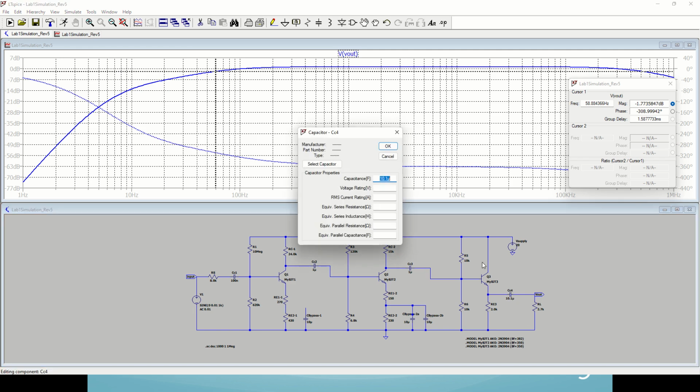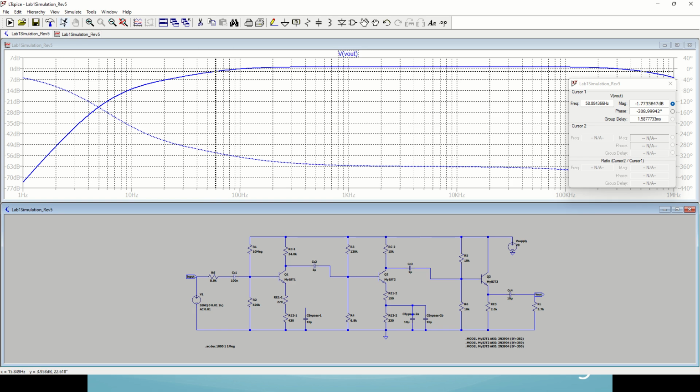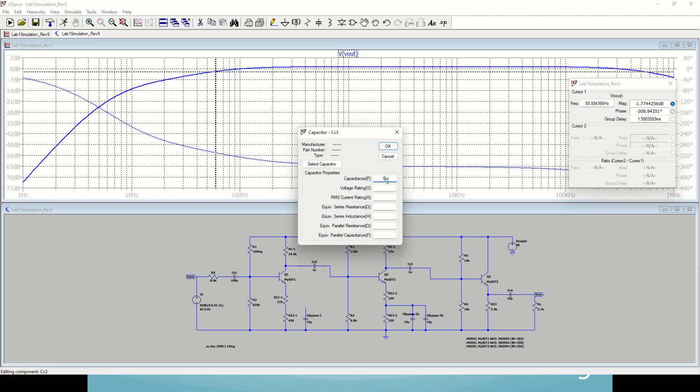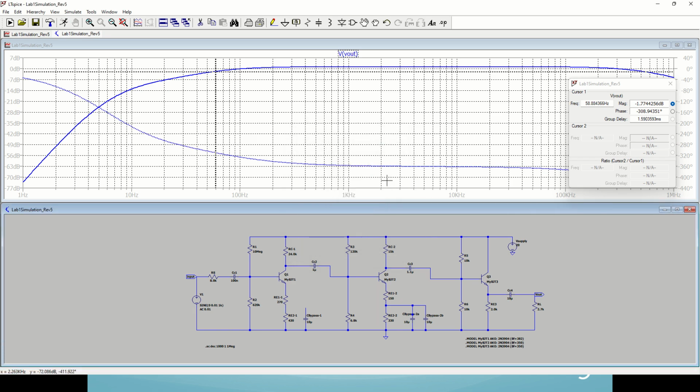So now let's go back and get it back to our baseline. Okay. So now let's add 100 nanofarads or 0.1 microfarads to the input capacitor of the third stage. Let's see how that changes the circuit. Okay, now see how it dropped much more?